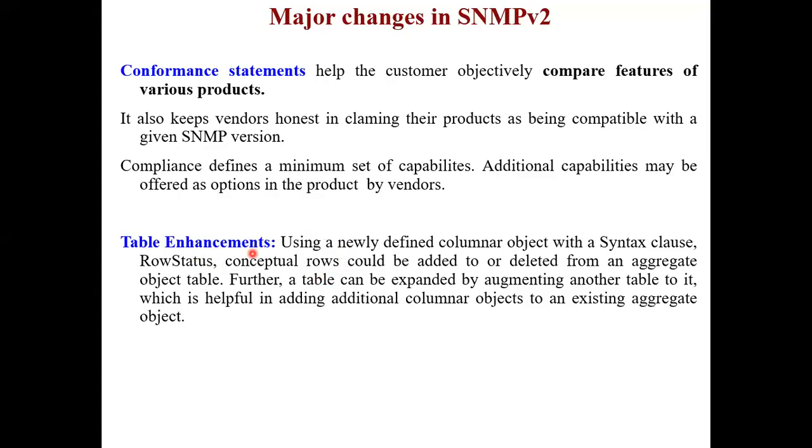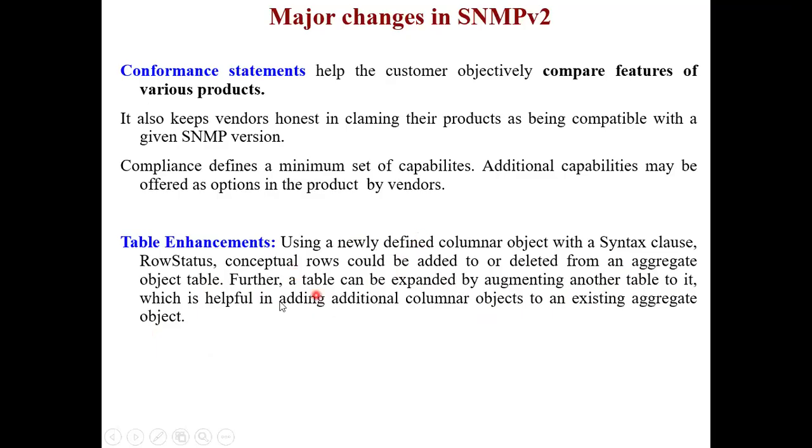Now, what was that enhancement? Using a newly defined columnar object with a syntax clause, row status, conceptual rows could be added or deleted from an aggregate object table. Further, a table can be expanded by augmenting another table to it, which is helpful in adding additional columnar objects to an existing aggregate object.